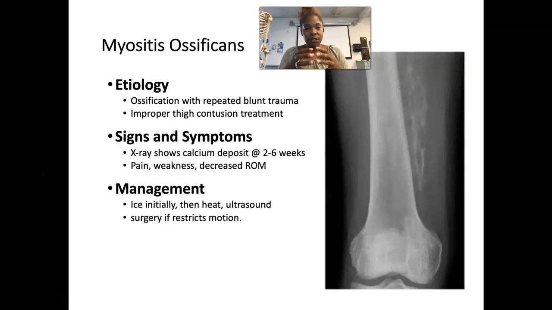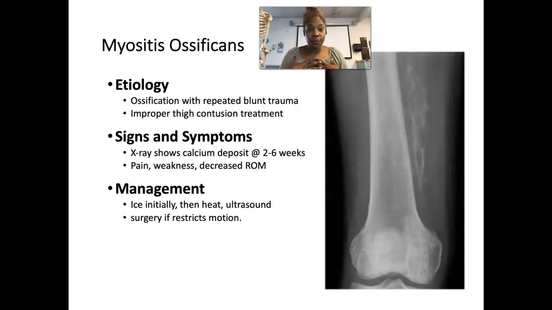Anytime we have a quadriceps contusion, we want to pad them to reduce the number of repeat traumas, because if we don't protect the exposed area, we see the development of myositis ossificans. It is the ossification of tissue within a muscular structure, in this case the quadriceps, and it most often occurs after you improperly treat the thigh contusion.